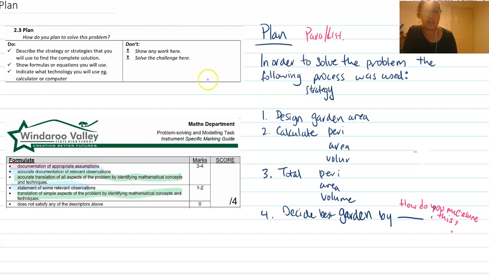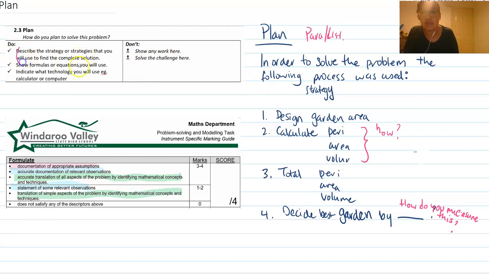What you want is to be in the A. How are you going to calculate those? You're going to use your formulas. If you look here, it says describe the strategies that you'll use, show the formulas or equations that you will use, indicate what technology you use, and calculate the total.